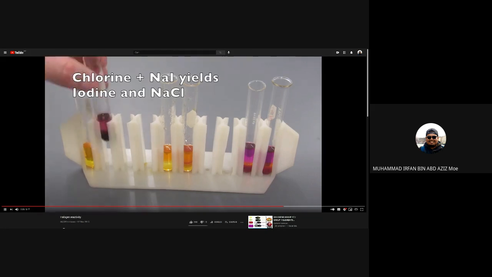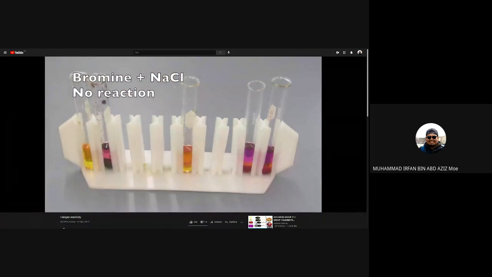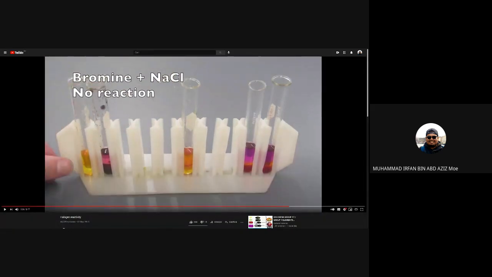We see a layer on top of the first chlorine tube, which indicates that we have bromine. And then bromine and sodium chloride: no reaction. Why no reaction? Because bromine is below chlorine in the periodic table. Therefore its electronegativity is lower compared to chlorine, so it cannot displace chlorine in sodium chloride.